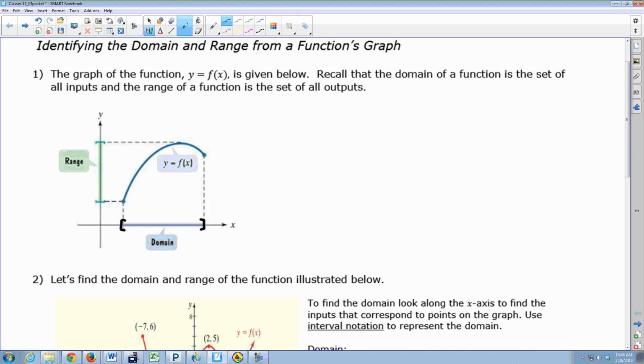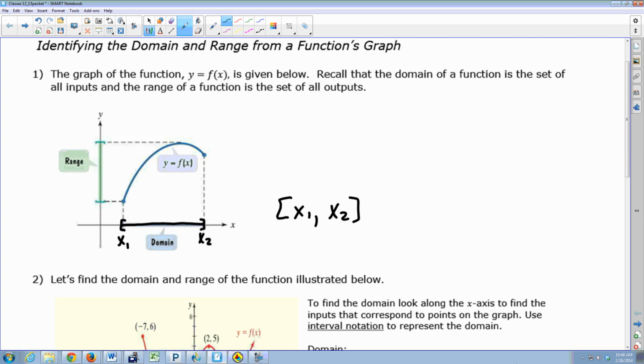So if those two points were called x1 and x2, my domain is everything including x1 up to x2. So my domain would be written like this. It's the set of all x values that are legal, legitimate inputs into your function.